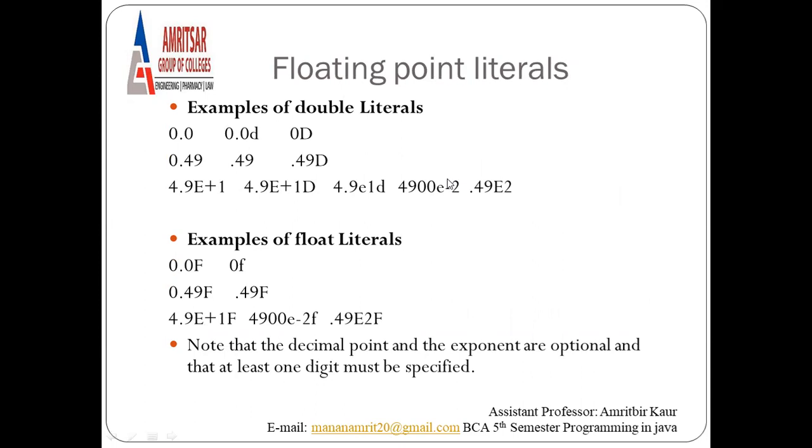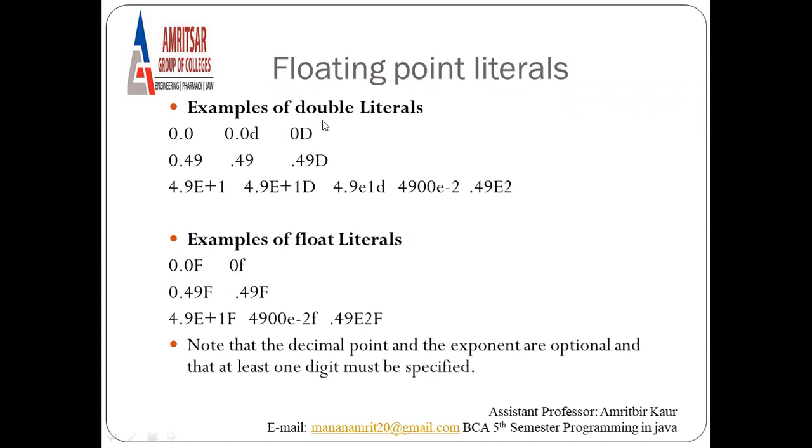Here are some examples of floating point literals. Firstly, for double literals, we write small d or capital D, which denotes that this literal is of double data type. Then for float, we use capital F or small f. Here we are writing like 0d, 0f. The compiler will automatically add the decimal, like 0.0.